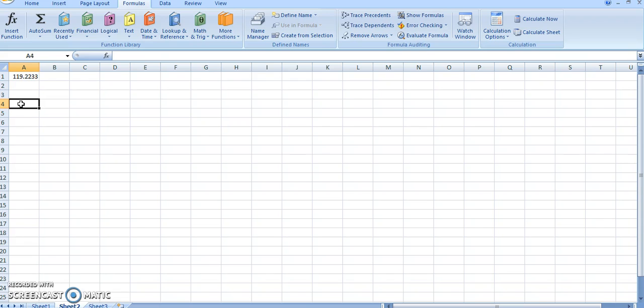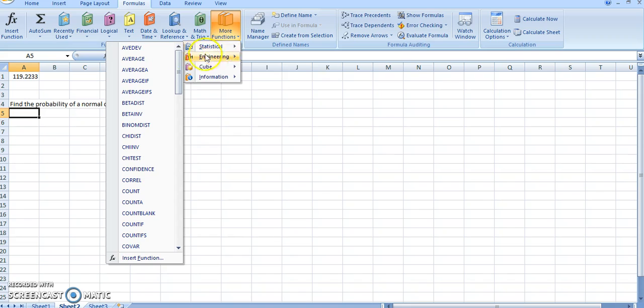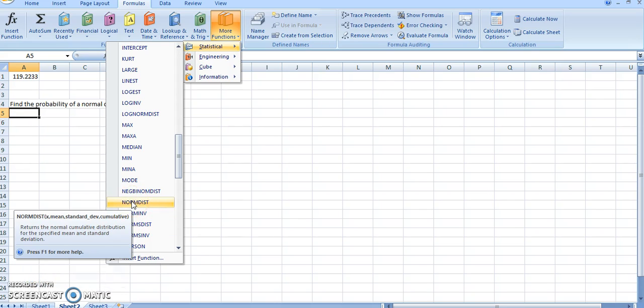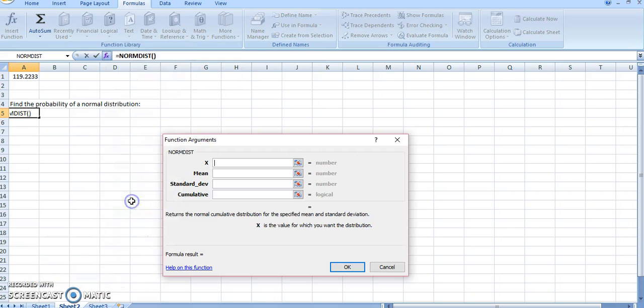If you have to find the probability that goes with that of a normal distribution, not a standard normal, we can still use those same values we just had, but now I'm going to use normal distribution. Your x value, we'll just do the 120, I'll round it up.